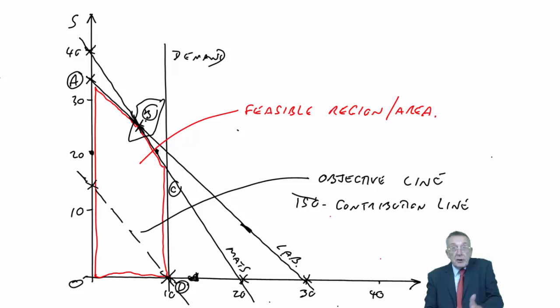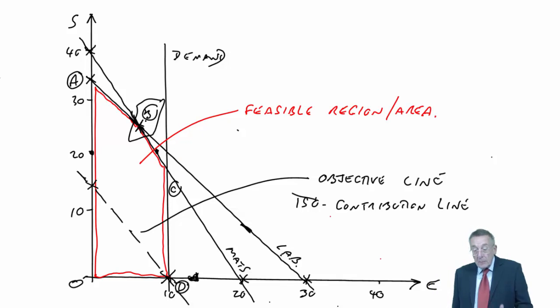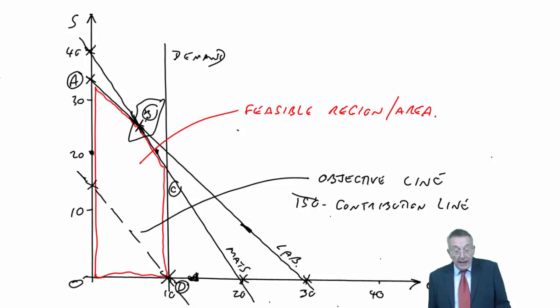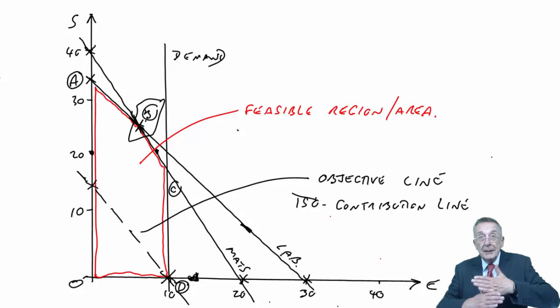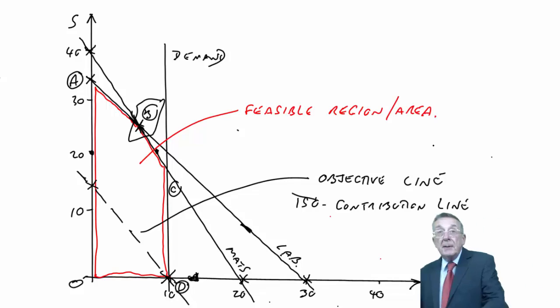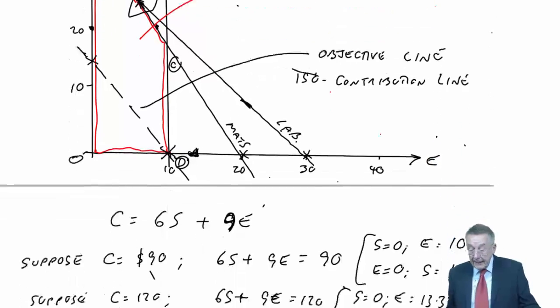Remember, it could be any of the corners, but because of the angle of the contribution line, it happens here to be B, where labour crosses materials. Well, we know the equations for both lines. Two lines only cross at one point, and so you are expected to be able to solve them together algebraically.